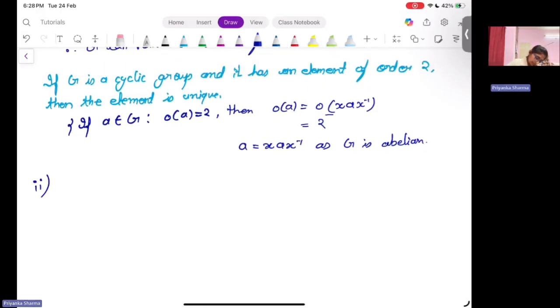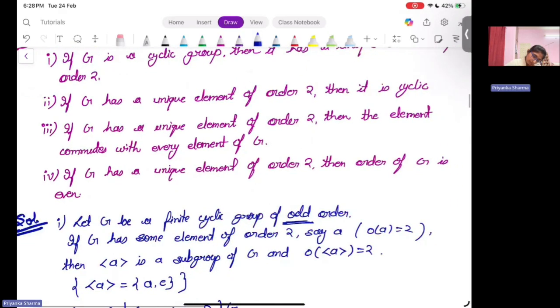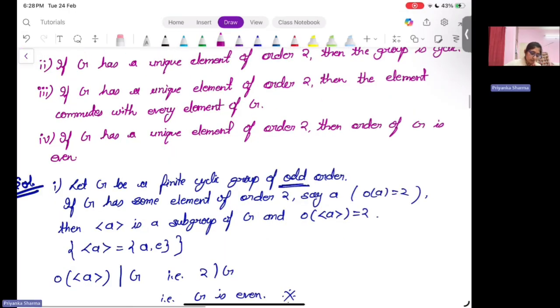Now the second statement, if G has a unique element of order 2, then it is cyclic. It is cyclic means the group is cyclic. So is it true?